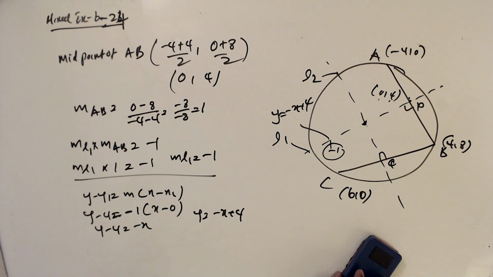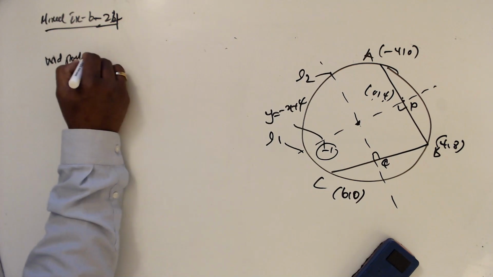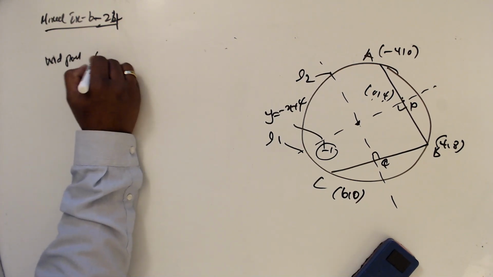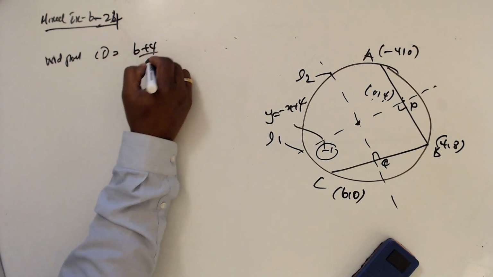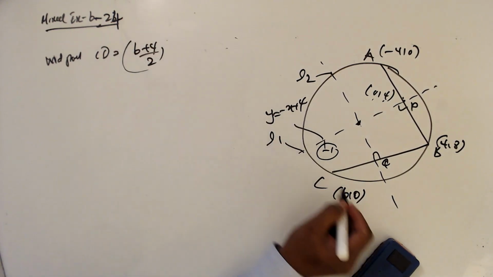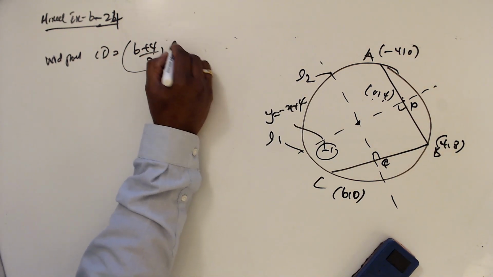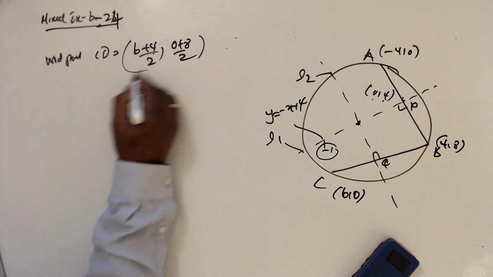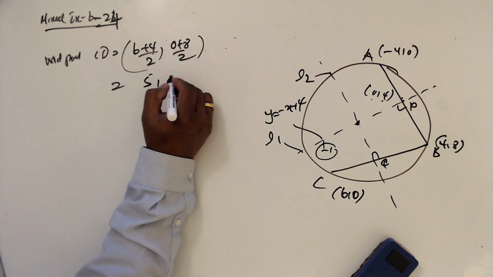Now the midpoint of CB: x1 plus x2 over 2, and y1 plus y2 over 2. 6 plus 4 over 2 is 10 over 2, 5. This is 8 over 2, 4.